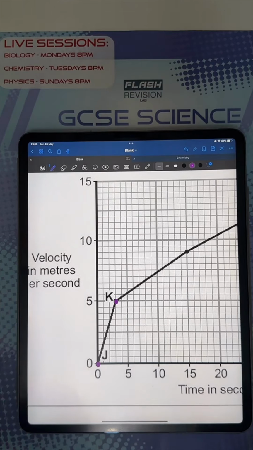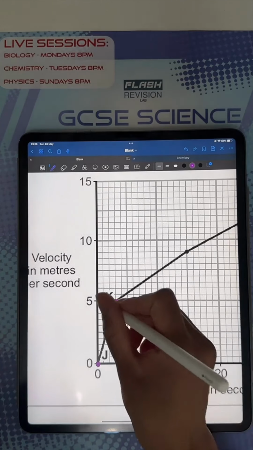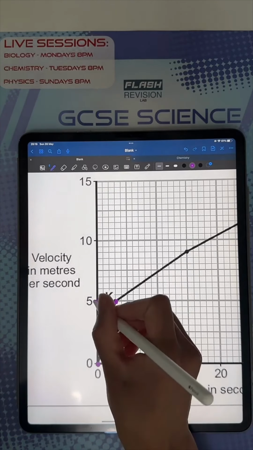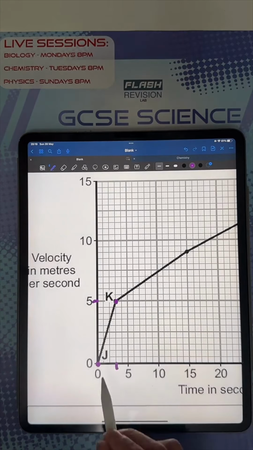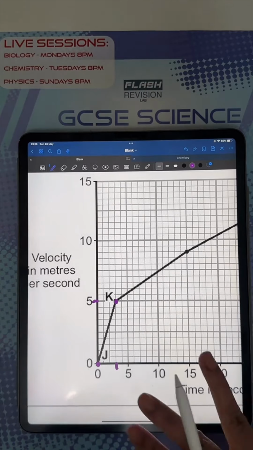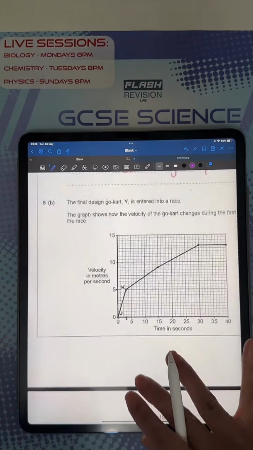Yep, it's 5/3, because you can read up here, we got a 5, and then down here, we got a 3. So it's going to be 5 divided by 3 to get the gradient. Does that make sense to everyone?